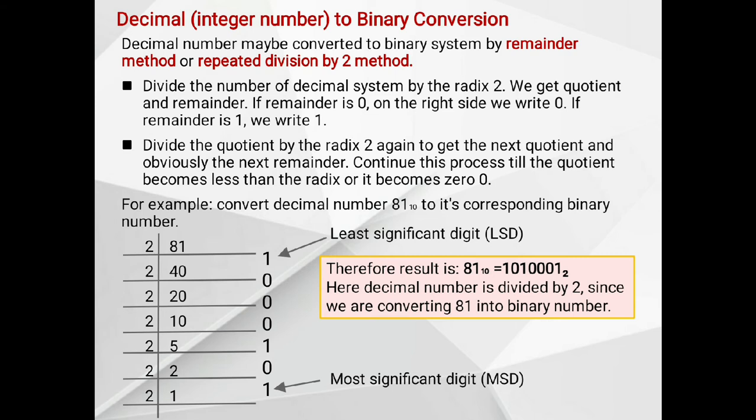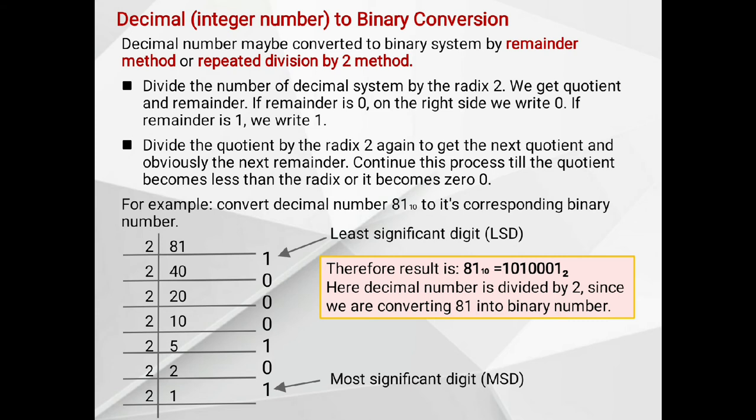So here the top binary digit is the least significant digit, and the bottom digit is the most significant digit. I've already discussed what LSD and MSD are in the first video. You can have a look at that video for more understanding.